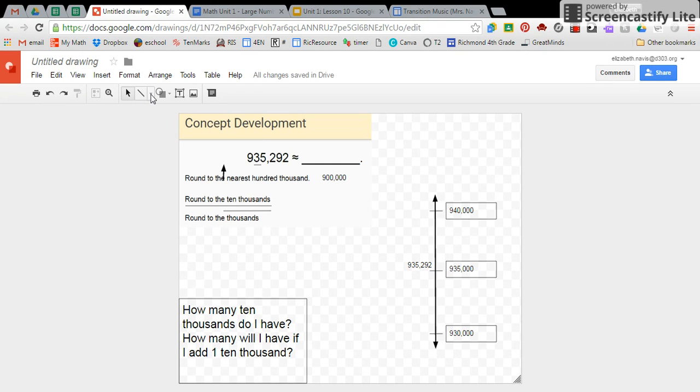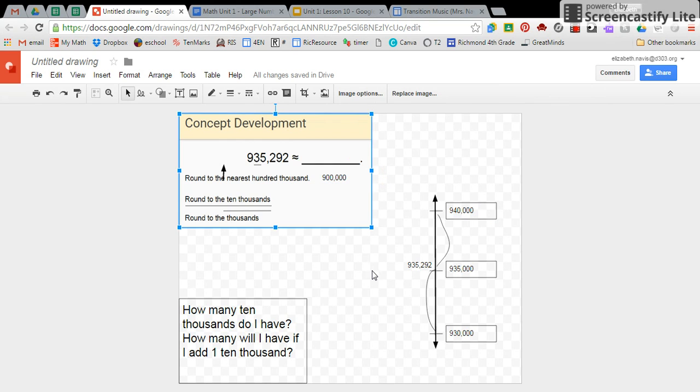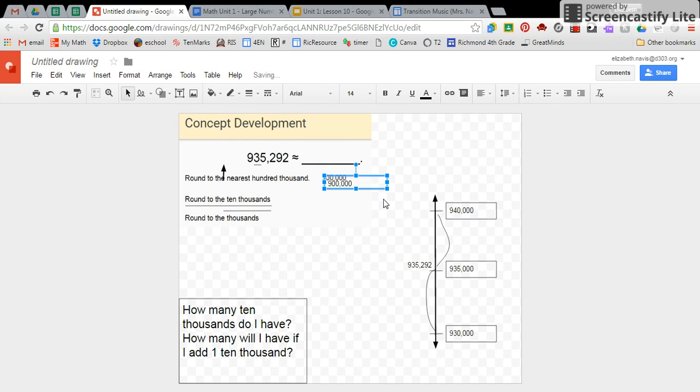Next, make your jumps. And you should notice that it is a smaller jump to get to 940,000. So 935,292 rounds to 940,000 when you round to the nearest 10,000.